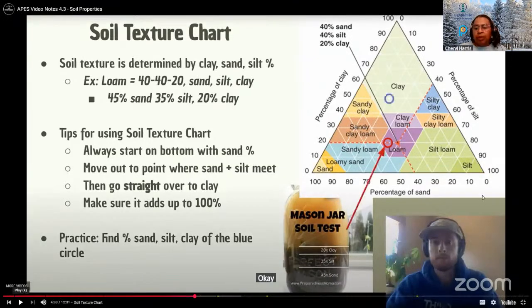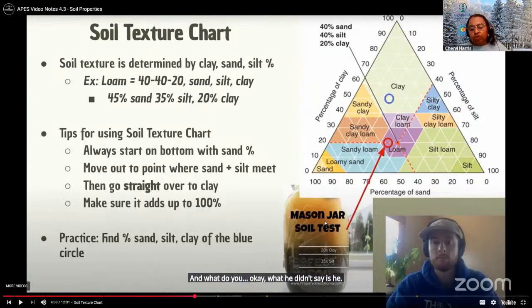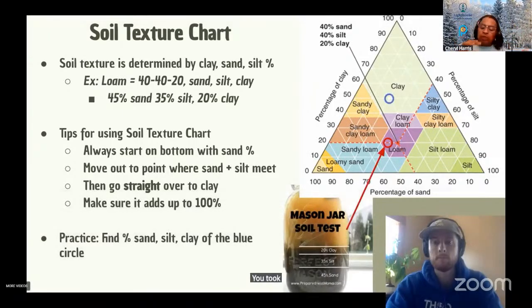Okay. Again, he's saying start at the bottom with the sand, and then whatever you decided on the bottom was your measurement, that's what you want to start with. So they said 45. And what he didn't say was you took a soil sample that was full of water, and you shook it up, and then you sat it on the table for it to settle.